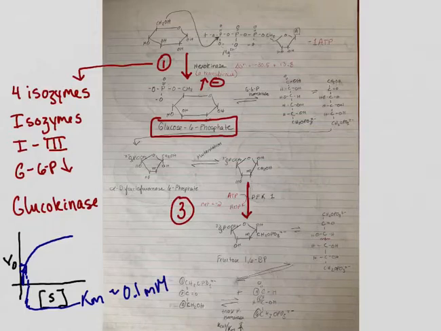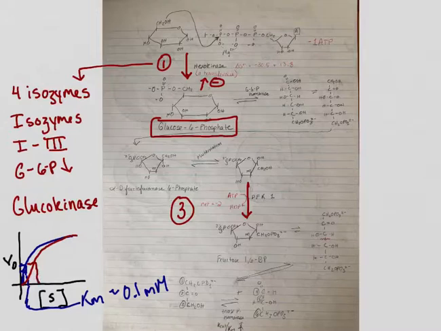But when you think about glucokinase, this specific liver isozyme, it actually has a slightly sigmoidal curve, and it has a Km of somewhere around 2 to 5 millimolar. So it's just a much higher Km value.